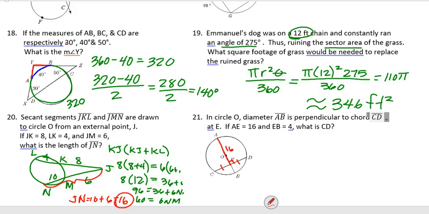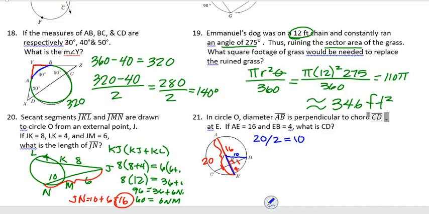And then EB is 4. Well, that tells me that the whole thing is 20. And if the diameter is 20, then my radius is half of that, so that would be 10. So that means from here to here is 10, which means that from there to there is 10. So I can say 10 there.